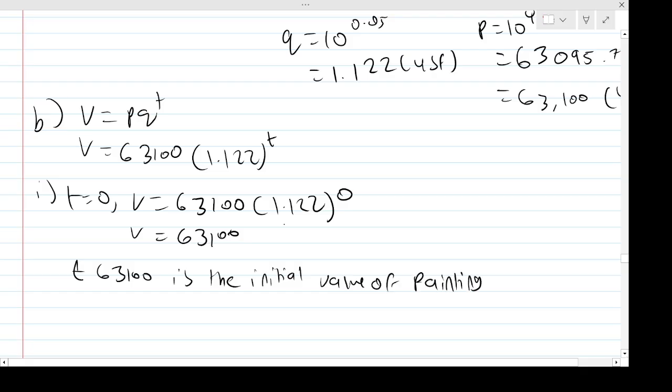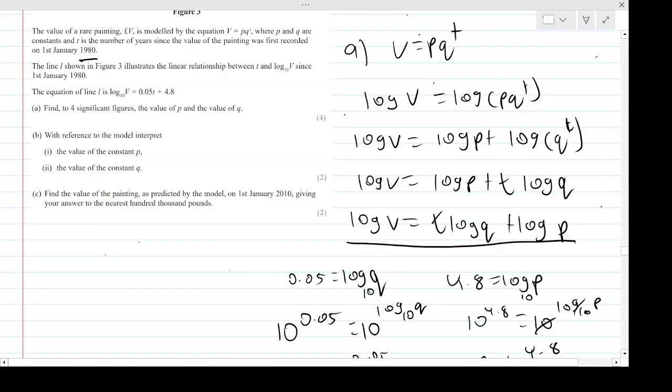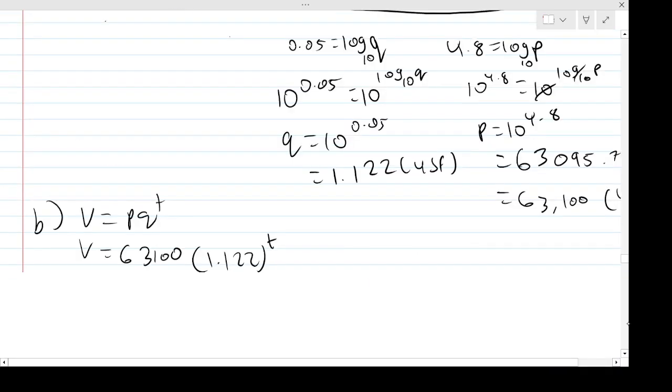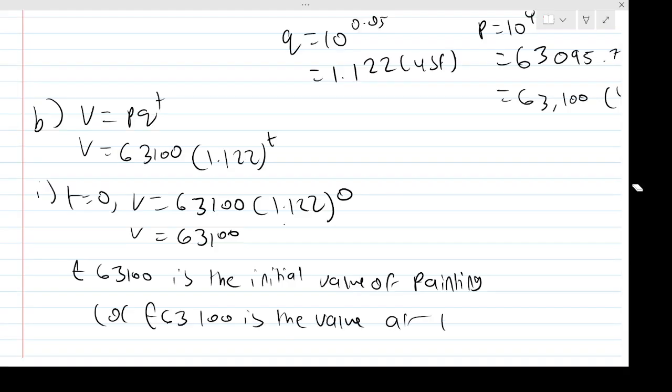You'd be fine with that, but actually, more specifically, T0 is in the year 1980. So the value of the painting at January 1980, or 63,100 is the value of the painting at 1st of January 1980. Okay, and there we are.